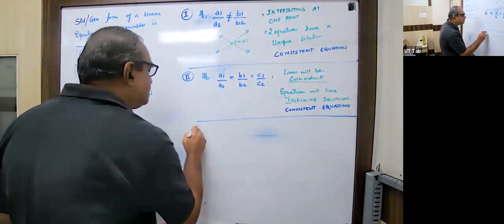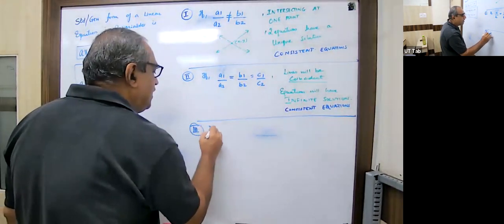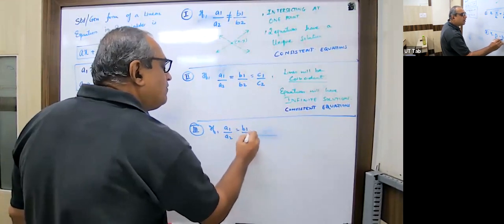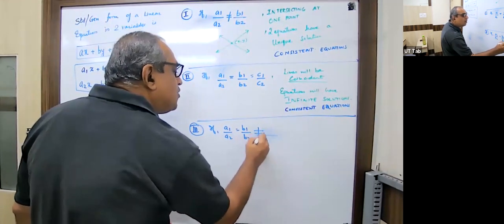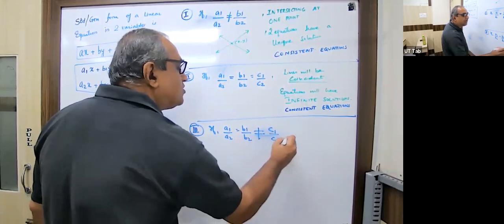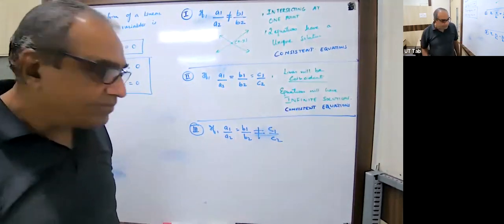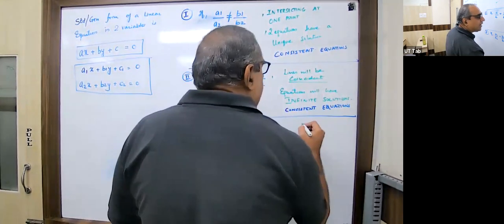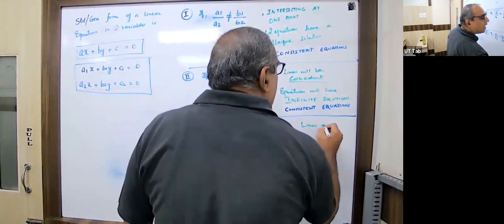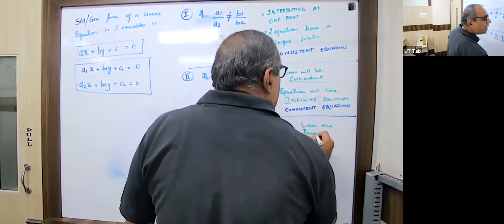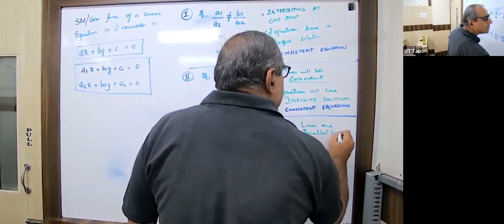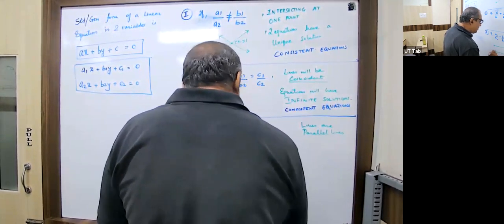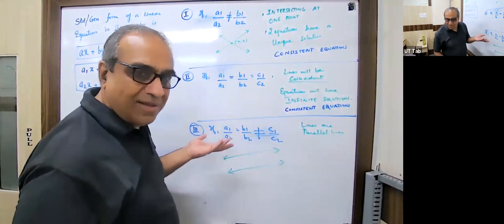Last condition. If a1 upon a2 is equal to b1 upon b2 is not equal to c1 upon c2, constant term, then we say that such lines are parallel lines. तो ऐसे दो लाइन होगी, इसका मैंने लाइन ही नहीं ड्रॉ किया, एक ही लाइन दी.